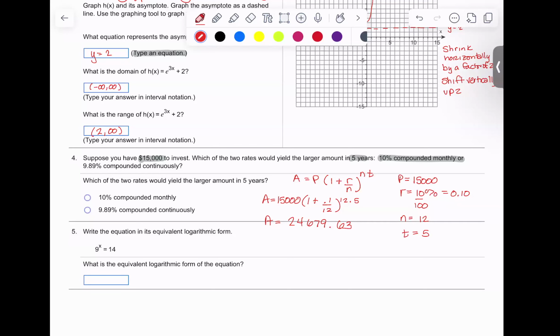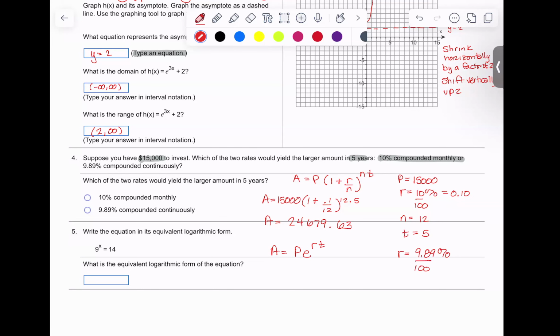So now we're going to calculate the compounding continuously. For continuous compounding, the formula is much easier to use. It's P times e to the RT. And again, T is 5 years. But R, we're now looking at 9.89% compounded continuously.